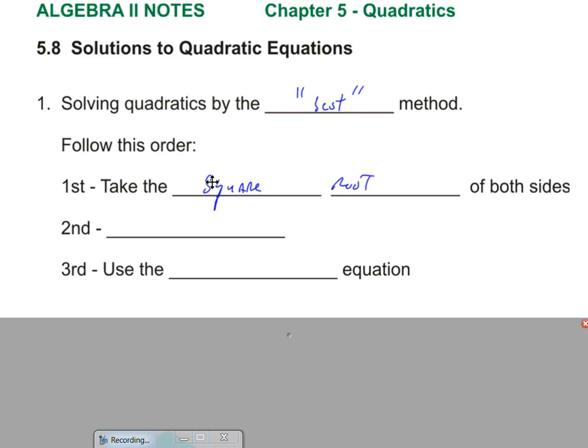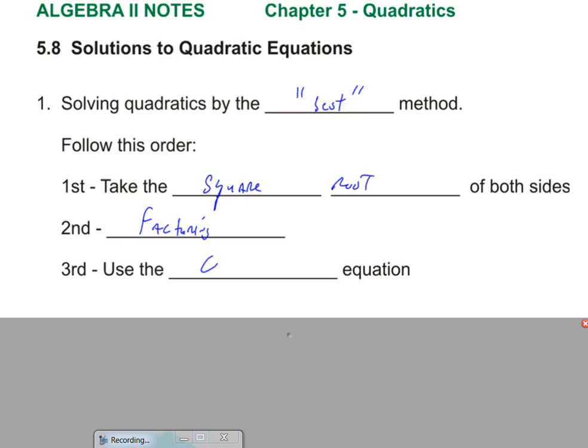Remember, you can only do that per se when there's no variable to the first power, right? You got the variable squared, you don't have a variable to the first power, then you can take the square root of both sides. Or if it's in the special form, where the quantity squared contains the variable. Technically, that has a first power term, but because the whole quantity is squared, you can take square root of both sides. All right, second is factoring.